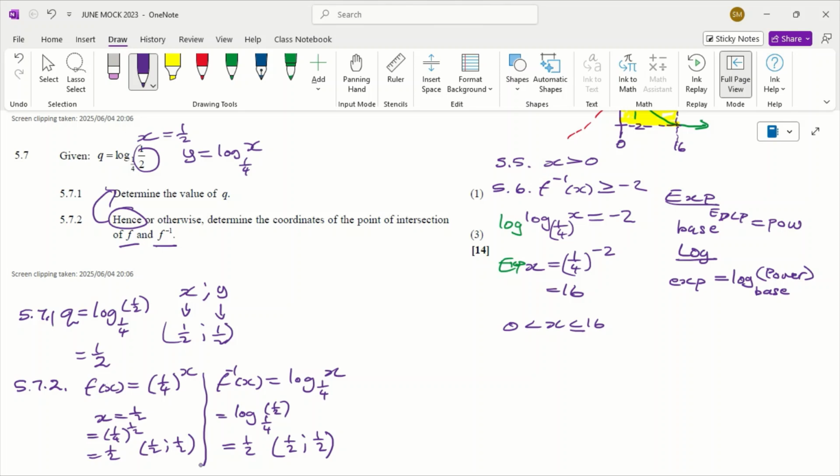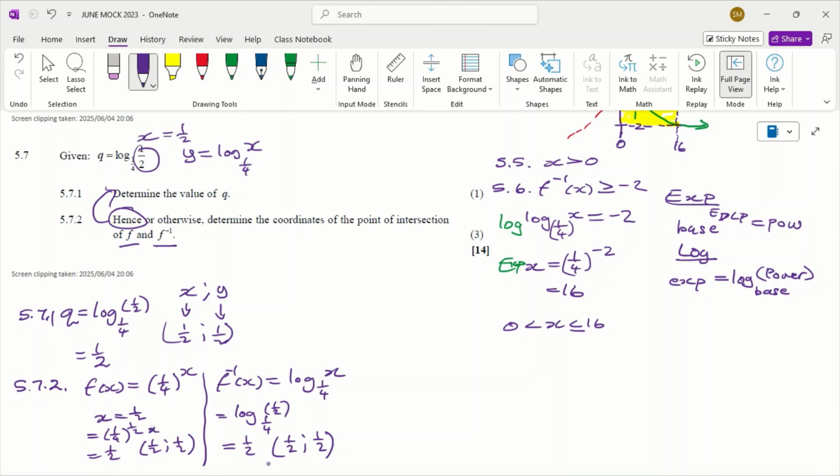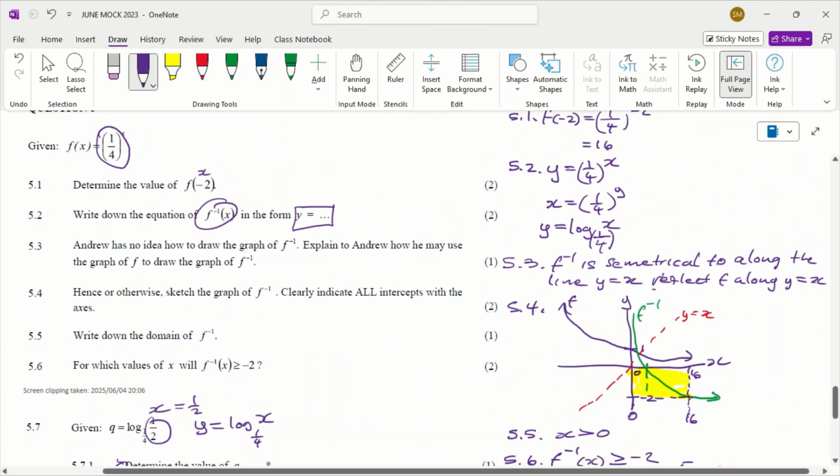Let's look at our mark allocation. We have 2 marks for finding the y coordinate when x is -2. So we get a mark for substituting -2 and also 16 as our answer, which is 2 marks. Then the next question is we must find the inverse in the form of y.